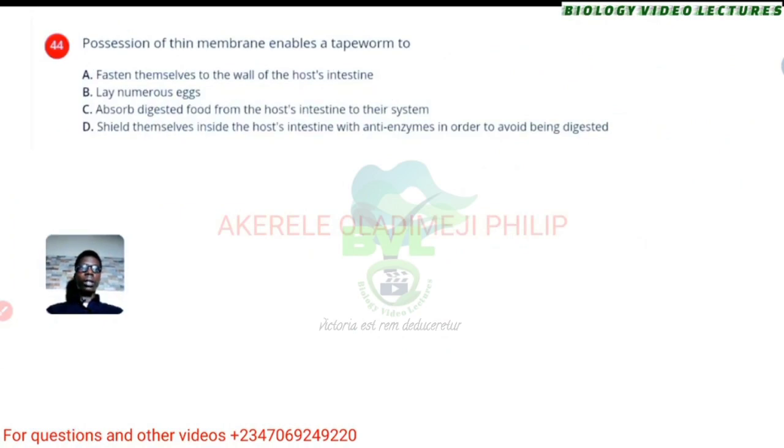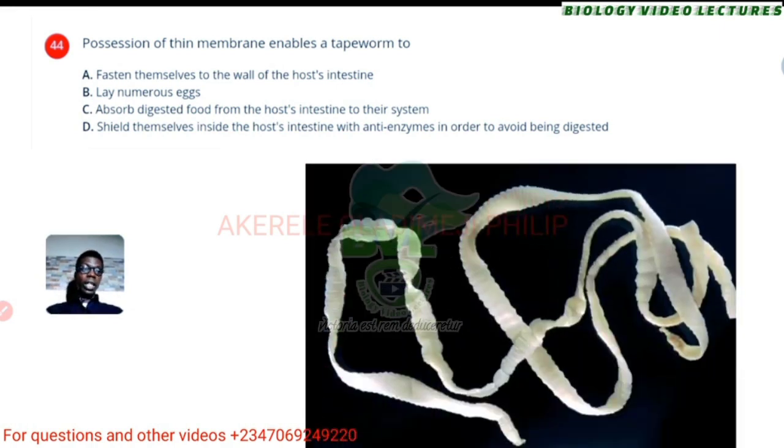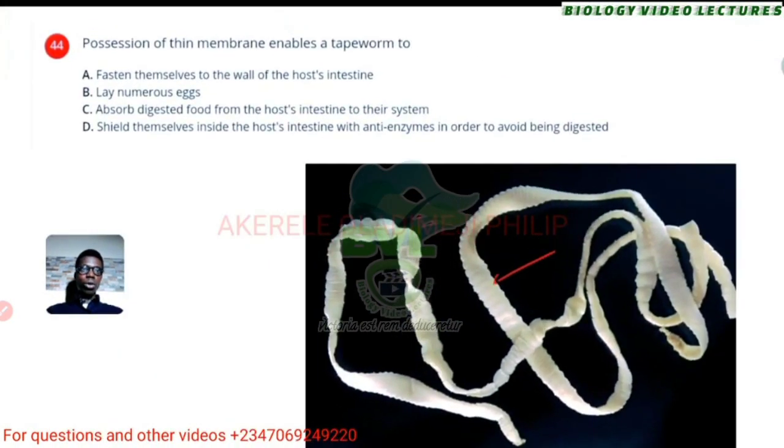Possession of a thin membrane enables a tapeworm to do what? Tapeworms are basically platyhelminthes, which are flat segmented worms. They look somewhat like this. That's the membrane there. So what does it allow it to do?